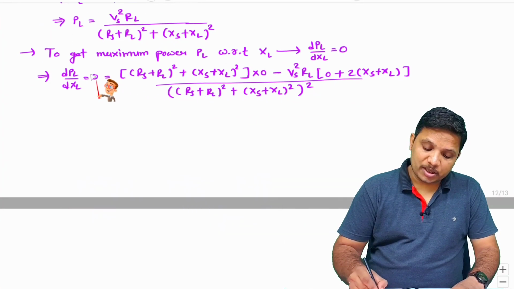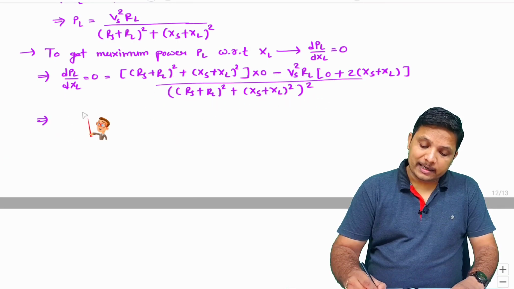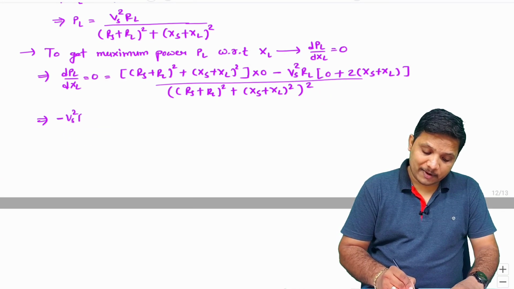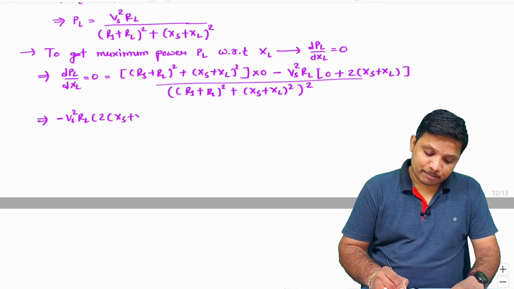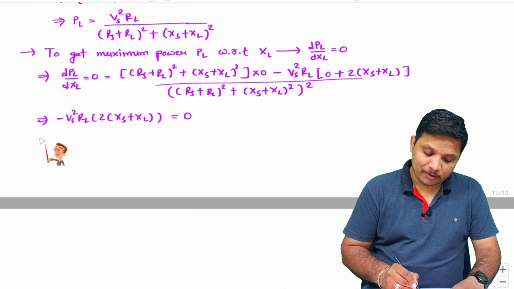Now you see this denominator will get multiplied with 0, and this term is 0, so the resultant is minus Vs square RL into 2 into (XS plus XL), that is equal to 0.